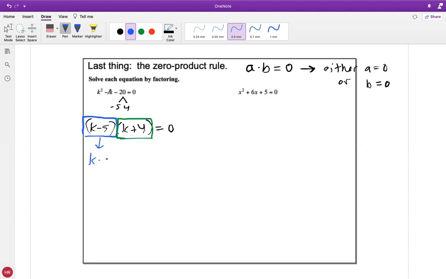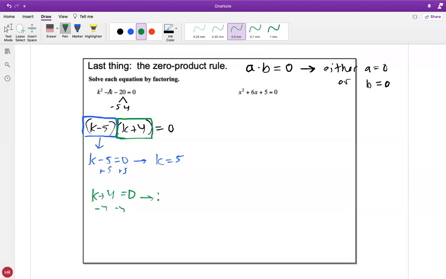This one says if k minus 5 is 0, then k is 5. You'd solve this by adding 5 to both sides, and you get k equals 5. And if the second thing is 0, I'd subtract 4 from both sides.